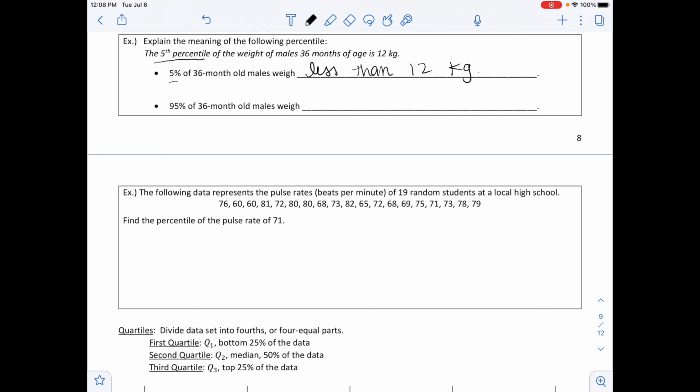Again, remember that the lower piece contains k% for that kth percentile of the data, so that's 5%. And if you notice, this 95%, which is 100% minus that 5%, of 36-month-old males weigh, instead of less than 12 kilograms, more than 12 kilograms.